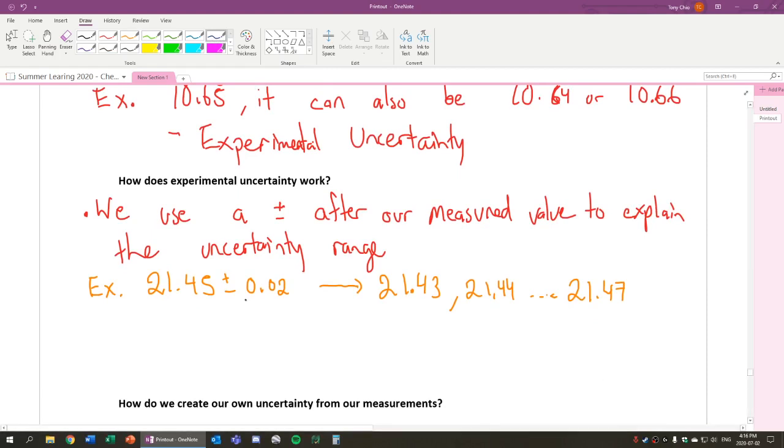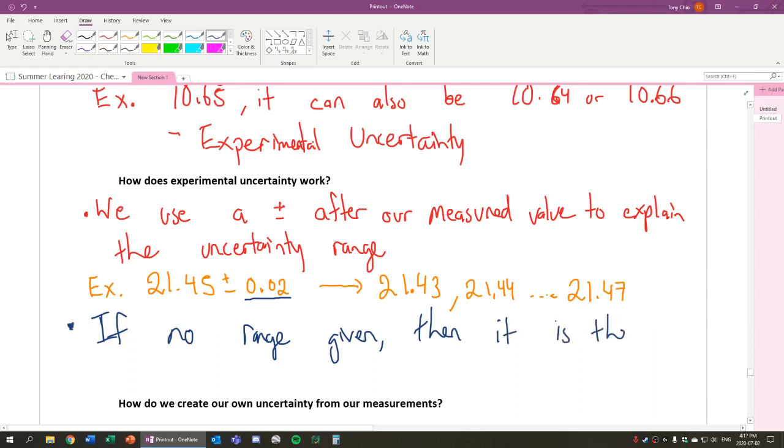Now, if this range is not given, then if we have multiple measured values, it's always half of the range. So if no range is given, then it is the halfway point of your measured values.